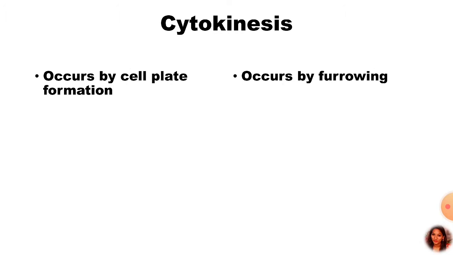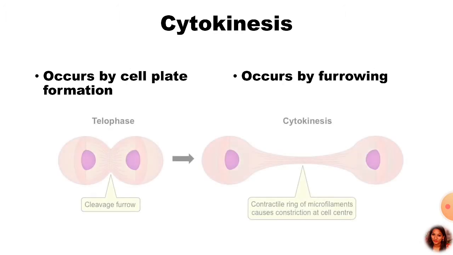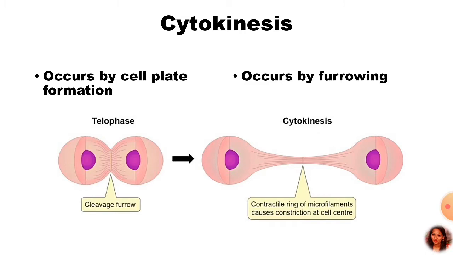The last thing is cytokinesis. Actually, what is cytokinesis? When the cell divides from one to two, at the end of telophase, the two cells move in opposite directions to release from one another, but at the end they generate a cytokinesis area where a contractile ring of microfilaments causes constriction at the cell center.